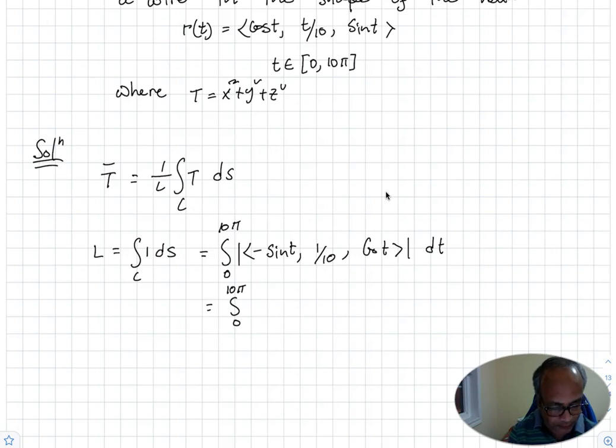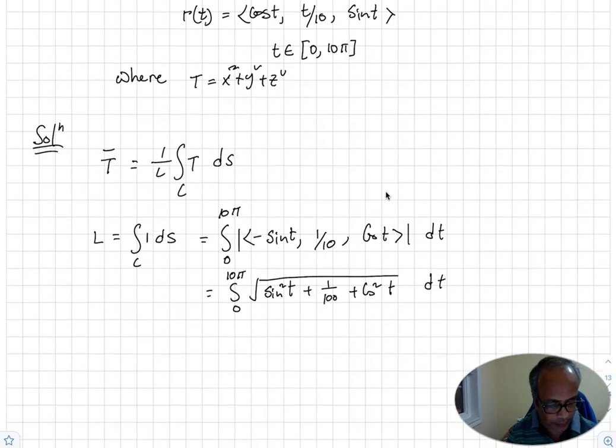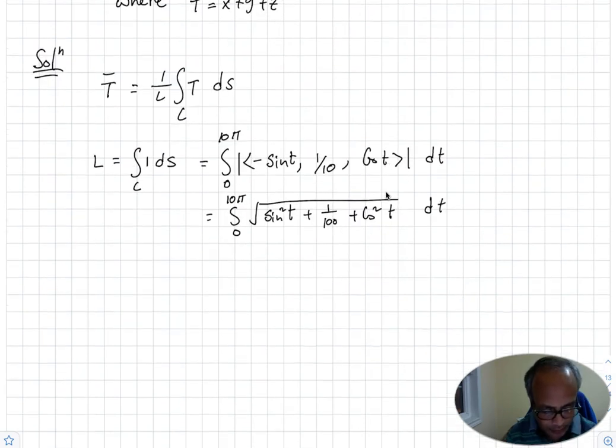We look at the magnitude, put square root sine square t plus 1 by 100 plus cos square t. So that's a constant, because sine square t plus cos square t is 1. 1 plus 1 by 100 will be 101 divided by 100.